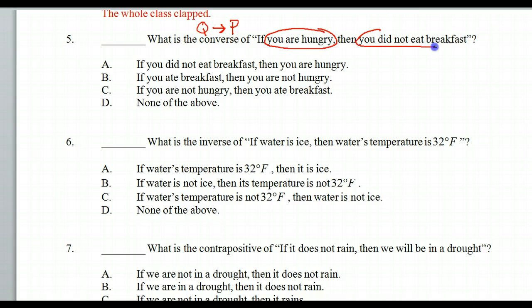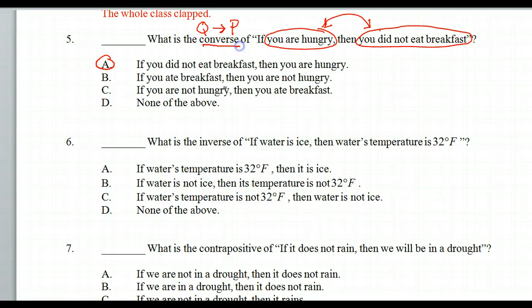You did not eat breakfast is the conclusion. So the converse will be what we get if we reverse these. So it should be something like if you did not eat breakfast, then you are hungry. Something like that. Oh look, it's A. Boom. Kabam.